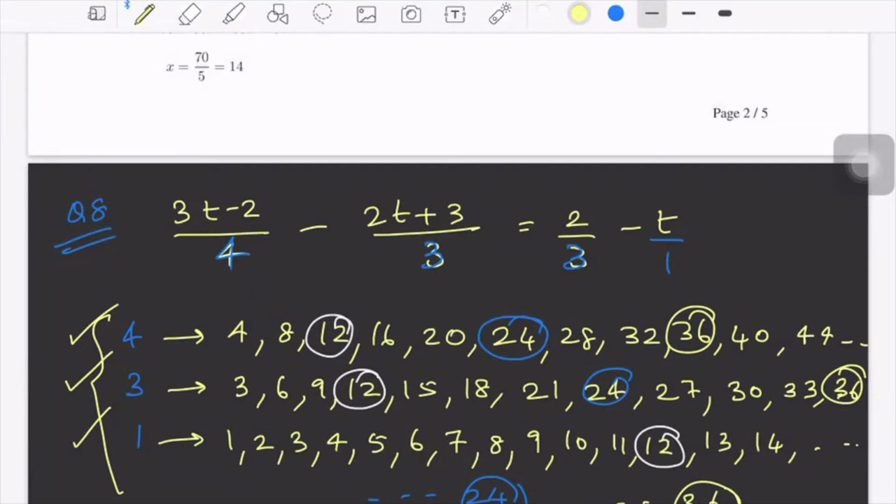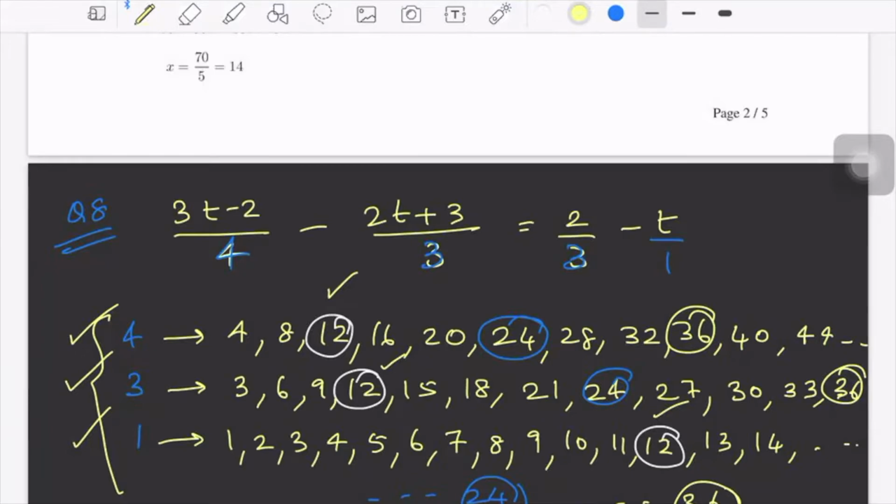So once you figure out the smallest number, it'll be the tables of that number, multiples of that number. So we have figured out that the smallest common multiple, the least common multiple is 12. So the common multiples will be 12, 24, 36, 48, and so on, which is nothing but 12 table, right?